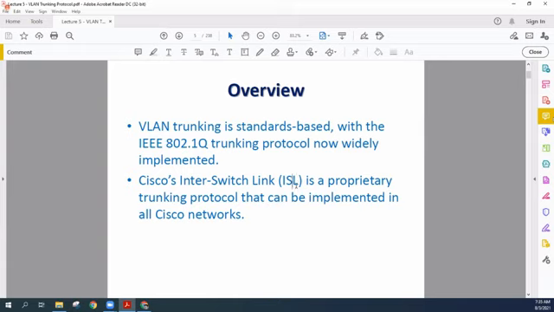In that case, they can consider ISL because their performance would be high. Right?